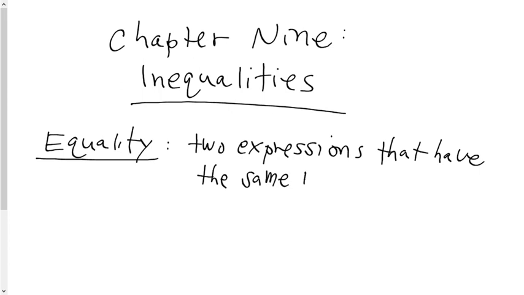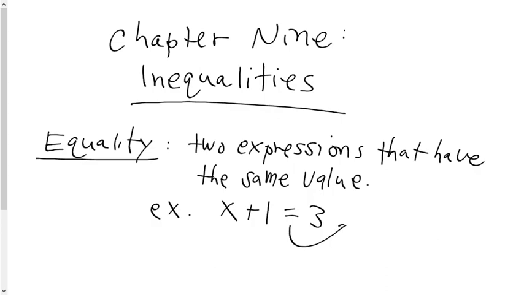So our first definition is what an equality is. The most basic example would be x plus 1 equals 3. These are two expressions, x plus 1 being an expression and 3 being a monomial expression. These two expressions have the same value. Therefore, they are known as an equality. Another way to think of it is because they have an equal sign.